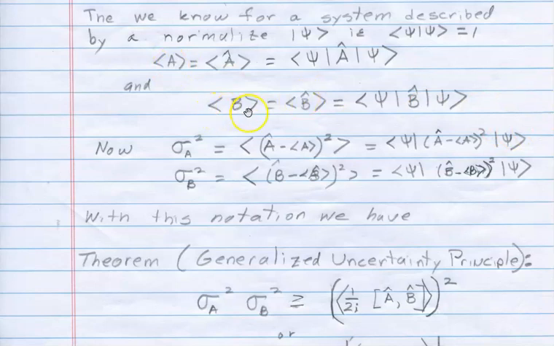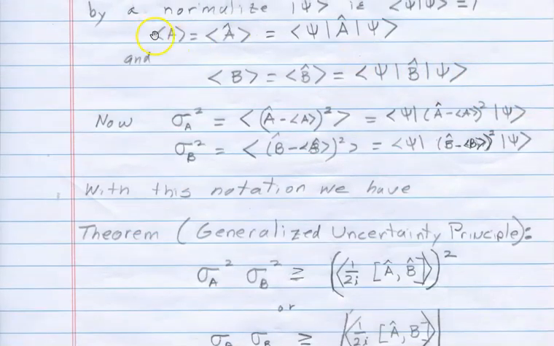Similarly, for B, its expectation value is the bracket of the B operator for the same system. And then with those numbers, you can define the standard deviation of A squared.